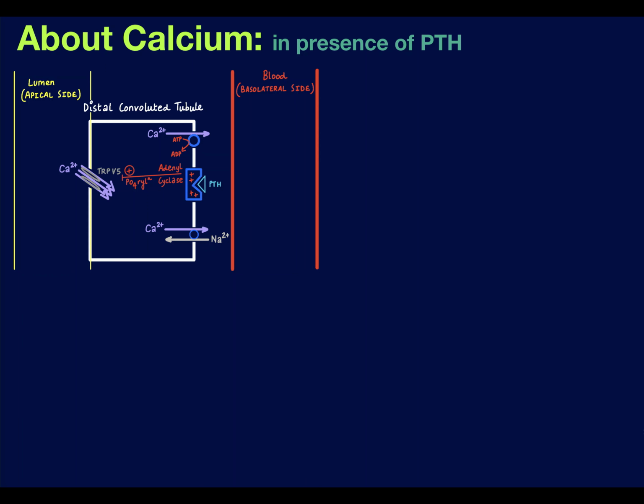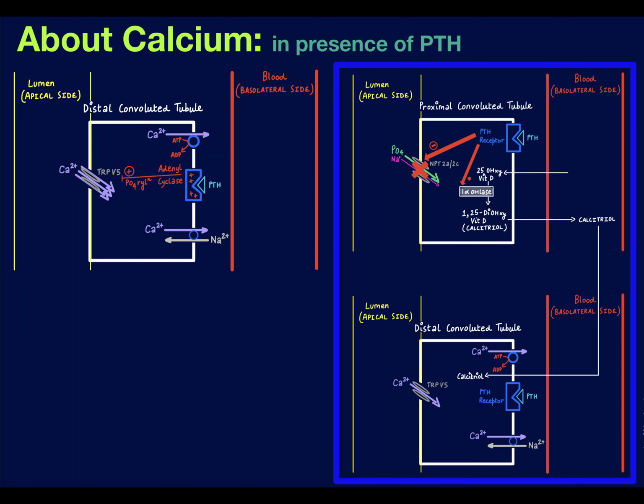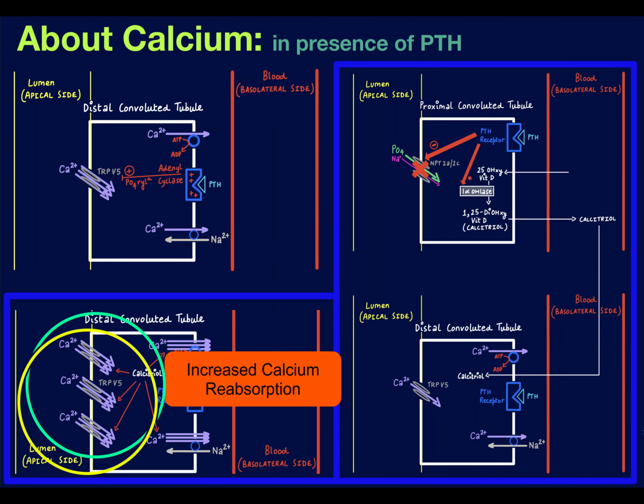Thus, there is increased calcium entry into the distal tubular cells. Other effects of PTH hormone is mediated via the activated form of vitamin D. Parathyroid hormone in the PCT causes increased activation of vitamin D into calcitriol. Calcitriol is then transported via the blood to the DCT, where it acts to increase the calcium reabsorption.